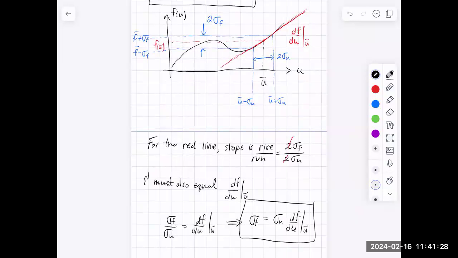Okay, so that's what we're doing. We're doing a linear approximation to some arbitrary function f of u. And it's valid as long as this span of values is not too big, such that this linear approximation breaks down. Okay, does that make sense? Yeah, okay, I'll assume it makes sense.